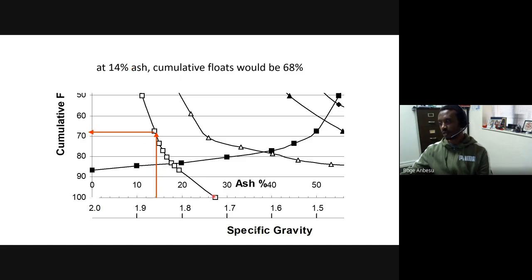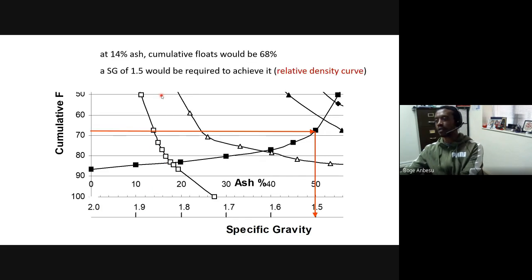If you did your proper washability curve, then from the cumulative floats curve, you can tell that to get a product of 14% ash, the recovery you should expect is about 68%, which means you're going to lose about 32% of the coal because you're targeting a high quality coal as a product.